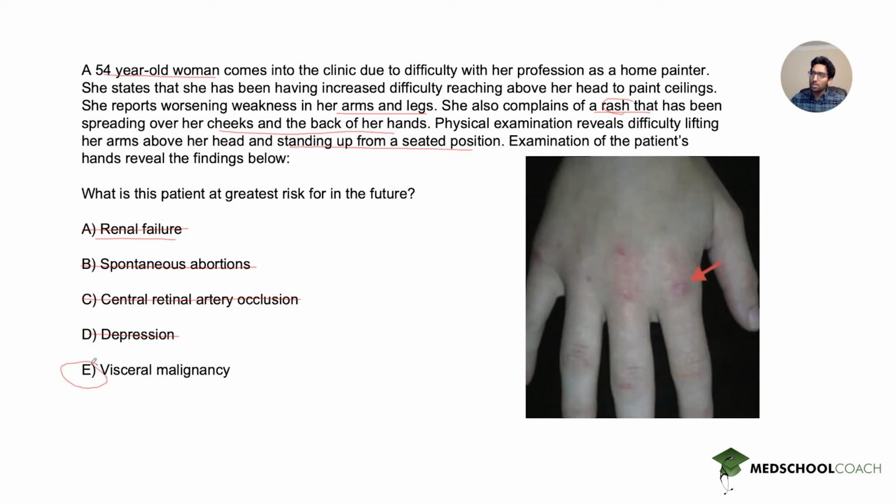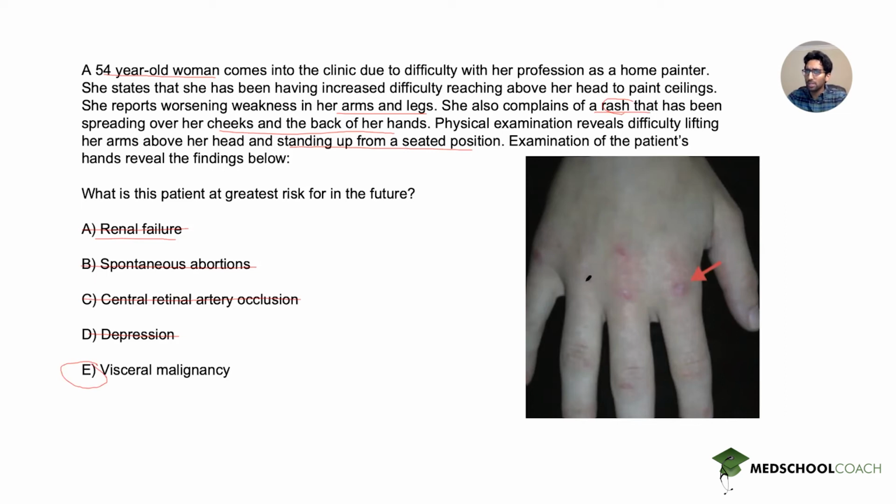What this question is getting after is that this combination of proximal muscle weakness as well as the skin findings is very characteristic for the diagnosis of dermatomyositis. In dermatomyositis, we can see this rash on the hands, and these rash areas are referred to as Gottron's papules, which is a very high yield association.